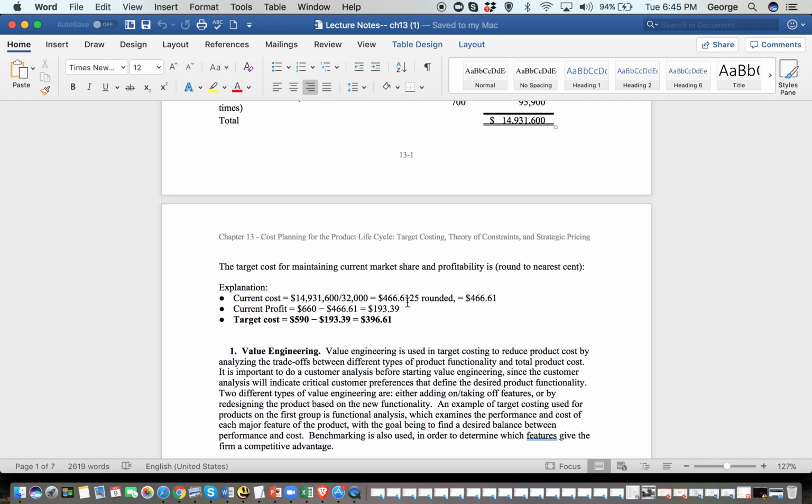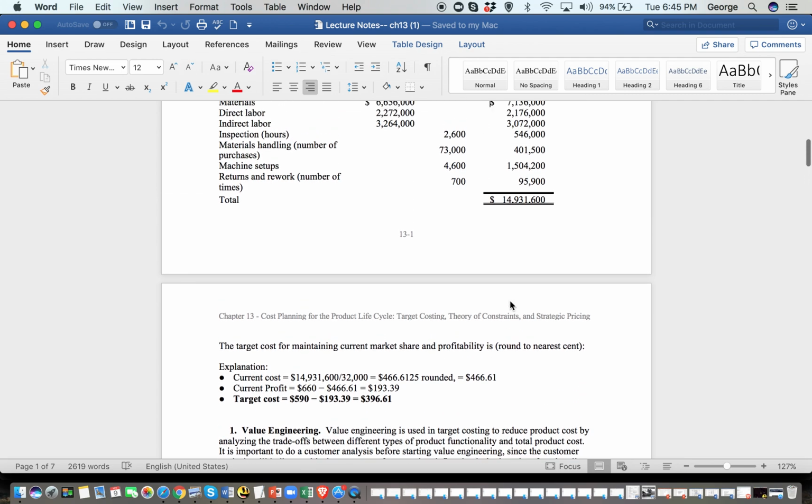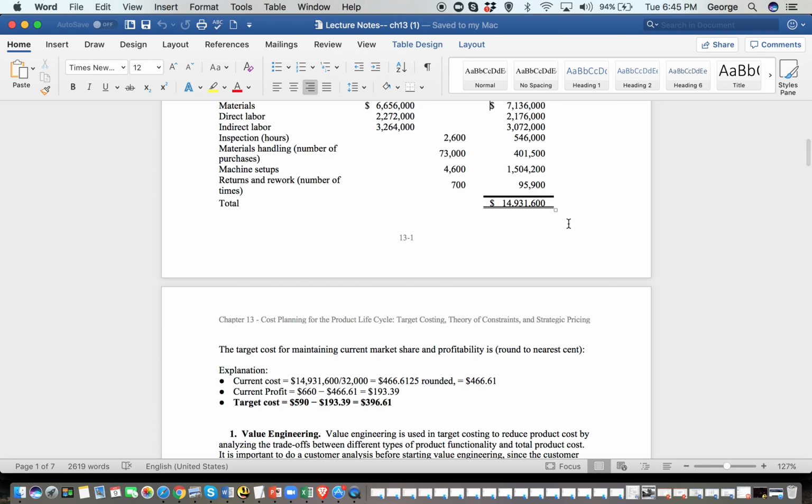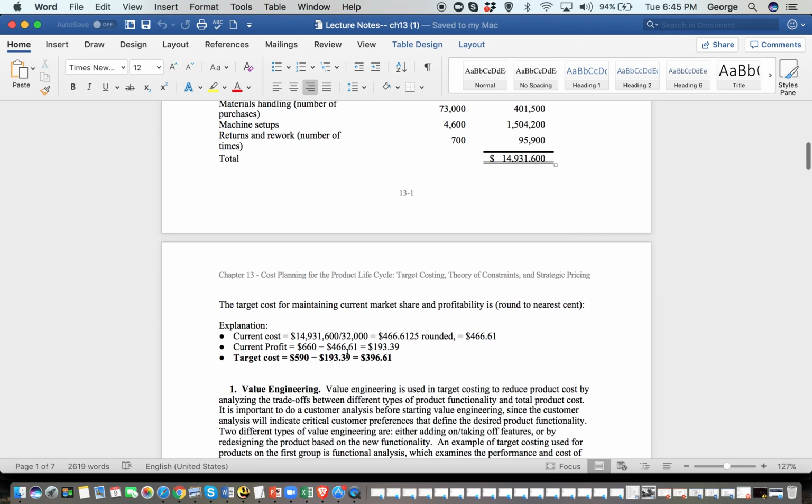So my current cost is $466.61, rounding it. Then my profit would be the $660 minus the $466.61, which is $193.39. So that's our current profit, but we're probably not going to be able to hold that $660, right?